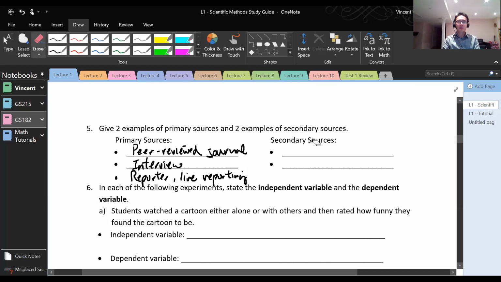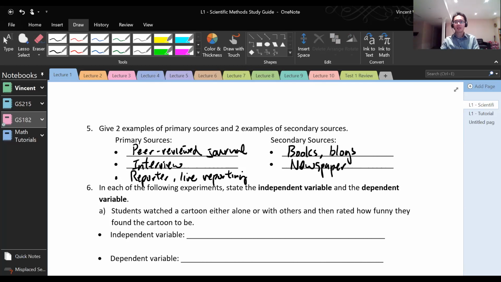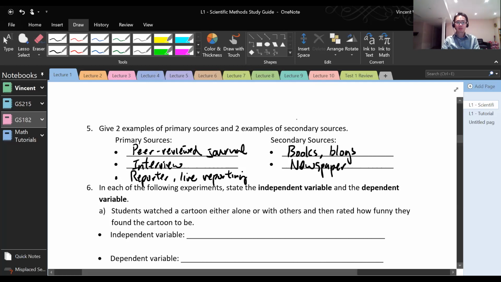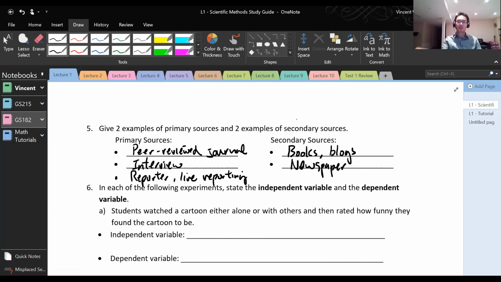As for secondary sources, it would be things like textbooks, right? Blogs, newspapers, okay? Things that are just recounting events based on someone else's experience. Books, right? Your biology textbook, right? If the textbook tells you living things are made of cells, the author of the textbook did not come up with that, right?